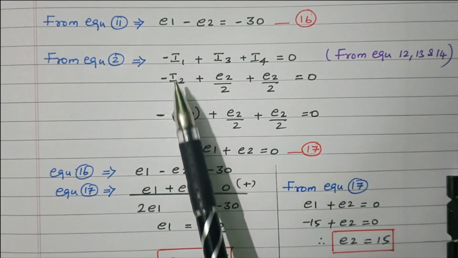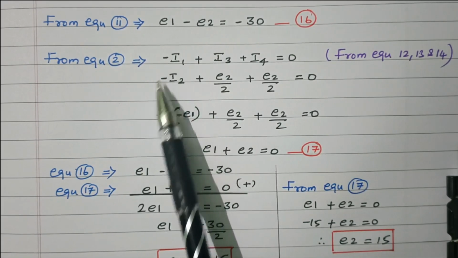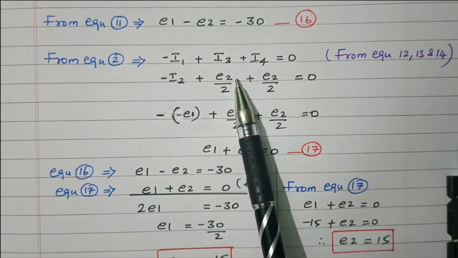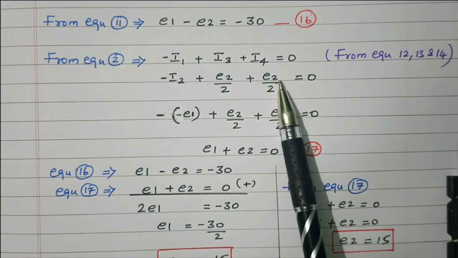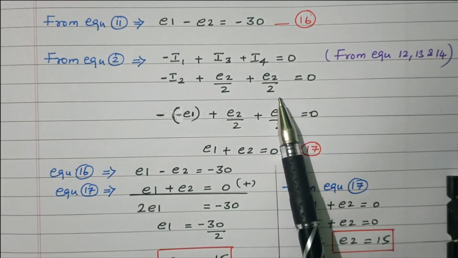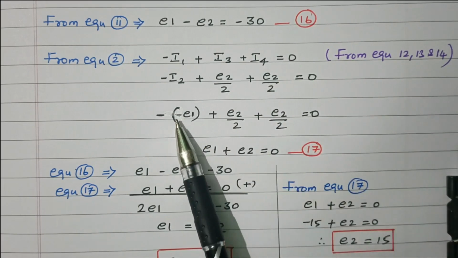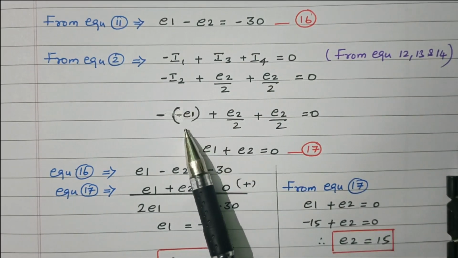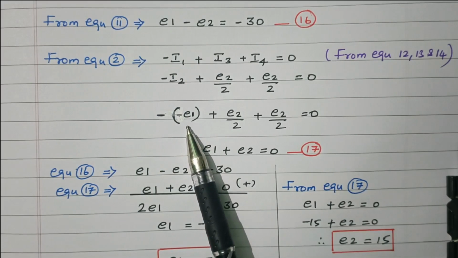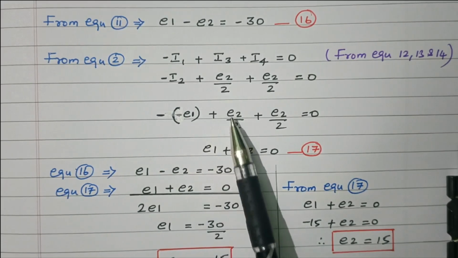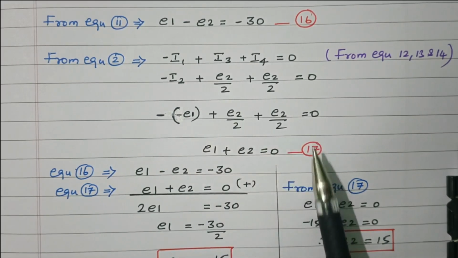So I1 is replaced by I2. Both are negative. I3 is E2 by 2. I4 is E2 by 2. So that is from the equation 12, 13, 14. So I2 can also be replaced as minus E1 plus E2 by 2 plus E2 by 2 equal to 0.